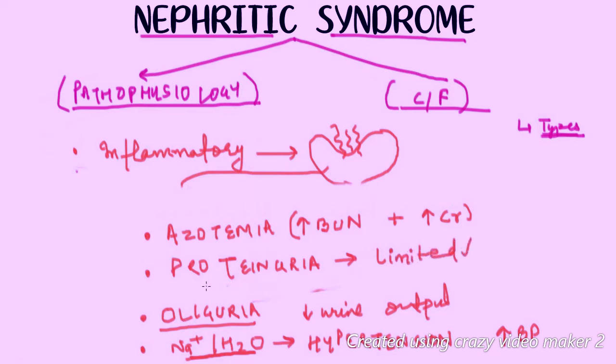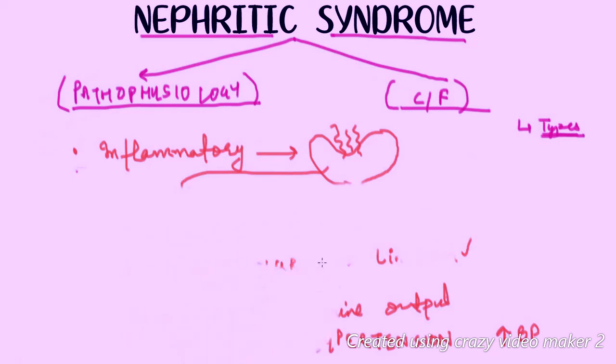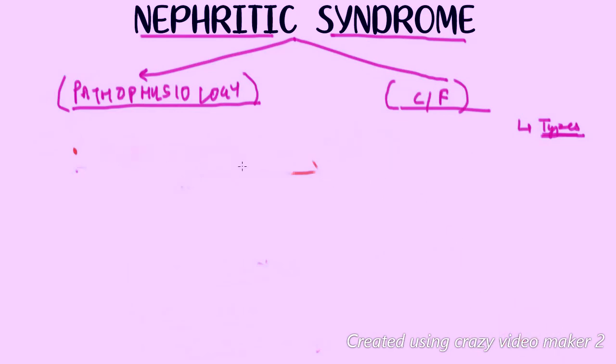So these are the main clinical findings which are found in case of the nephritic syndrome. Now, as a patient presents with these clinical findings and we suspect that this is a case of nephritic syndrome, the next thing which we do is to take the kidney biopsy.